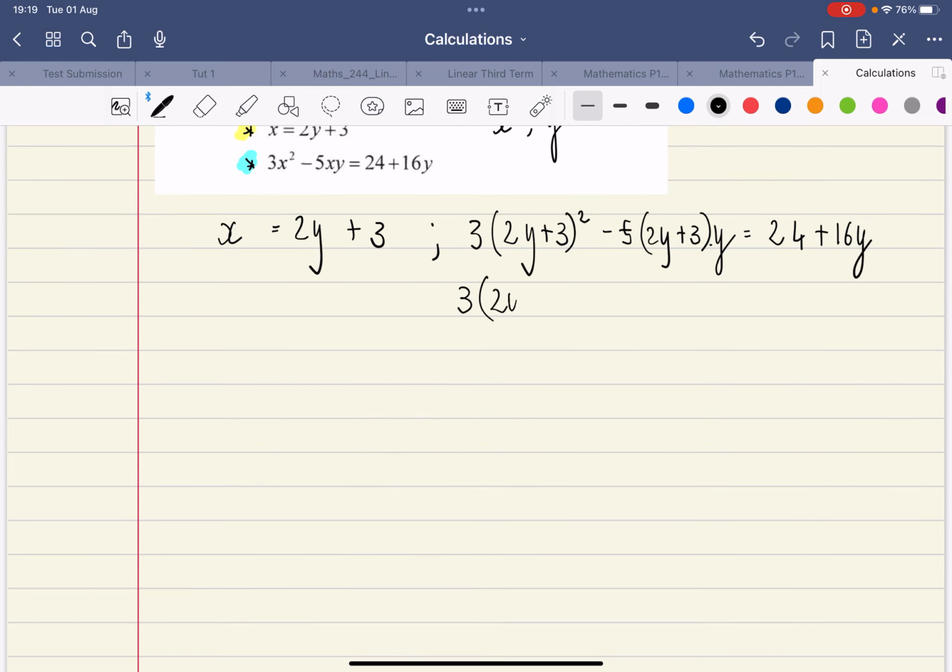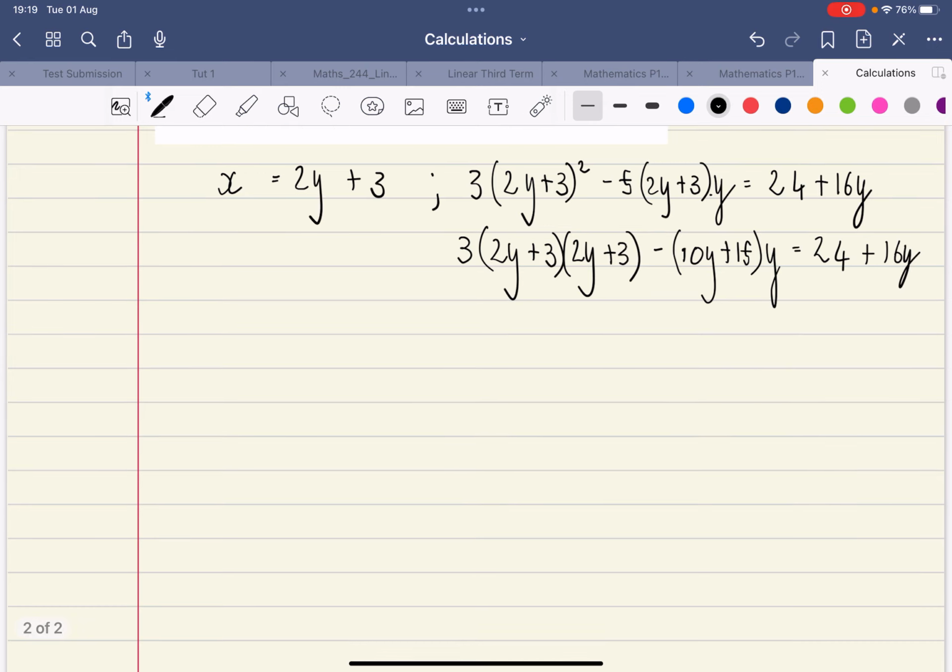3 minus, and this I think we can actually expand right now. So let's do that. That will be minus 10y plus 15, and we still have a y on the outside, equal to 24 plus 16y.